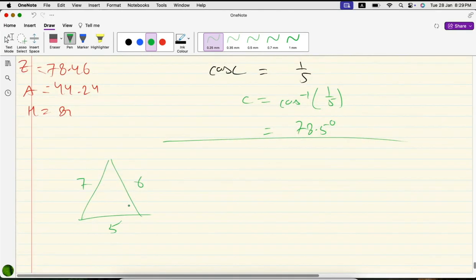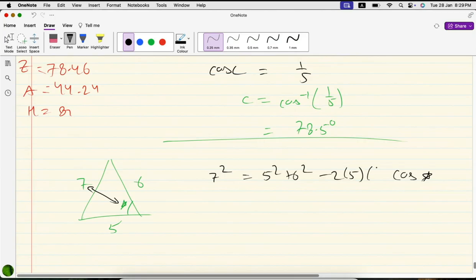Now, if you're using this, because this is the pair, the side needs to be here and the angle would be at the opposite end. That's 5 squared plus 6 squared minus 2 into 5 into 6, one way. And then you could definitely simplify. That's 49, and 25 plus 36 is 61 minus 2 into 5 into 6.